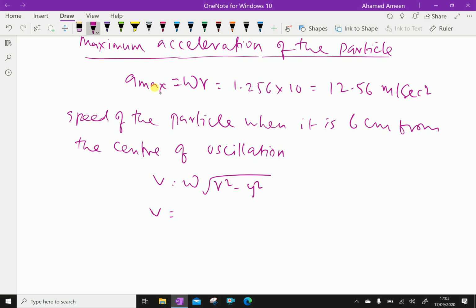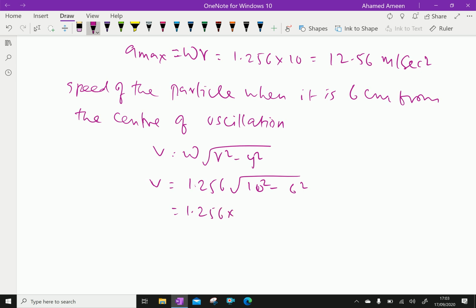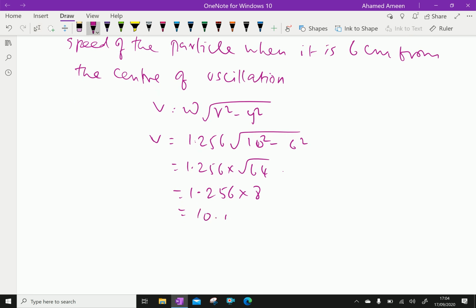That is V equals 1.256 square root of 10 squared minus 6 squared, which equals 1.256 into the square root of 100 minus 36, which is 64, which equals 1.256 into 8, which is 10.048 meter per second. We have done.